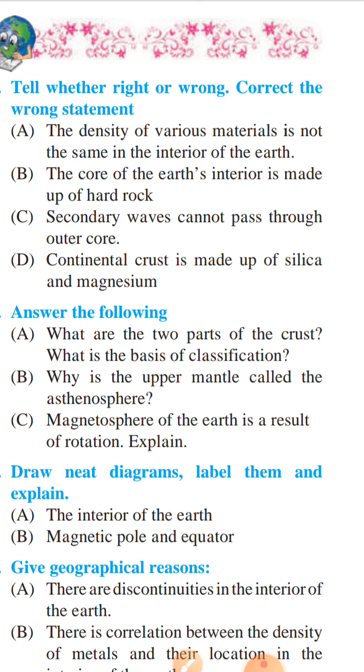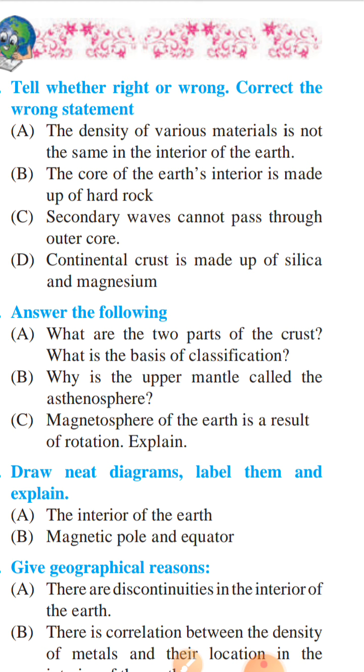The crust is classified on the basis of its thickness as well as the composition of minerals. Because the thickness of both layers is different, no? Yes, and the composition of the minerals is also different, because the thickness of the continental crust is 30 kilometers and the thickness of the oceanic crust is only 7 to 10 kilometers.